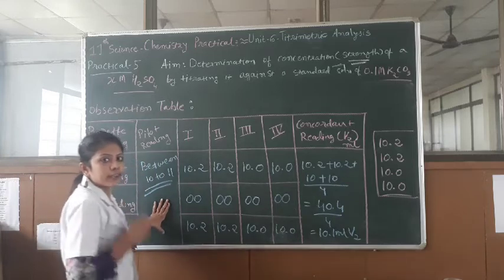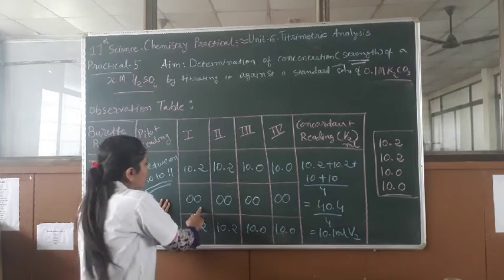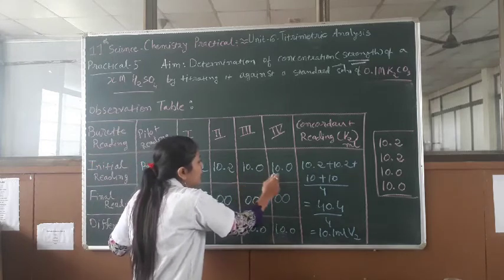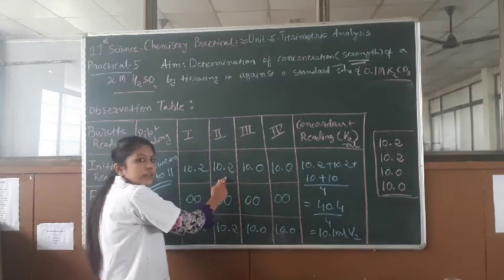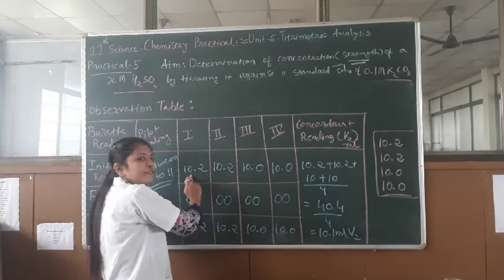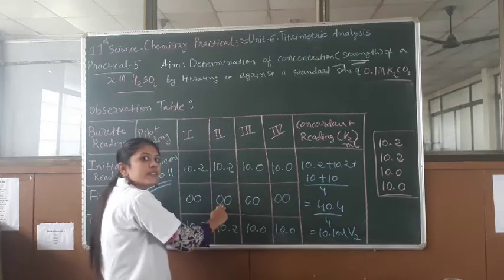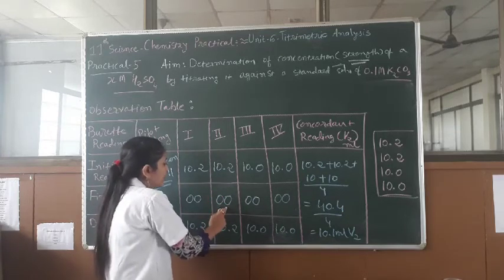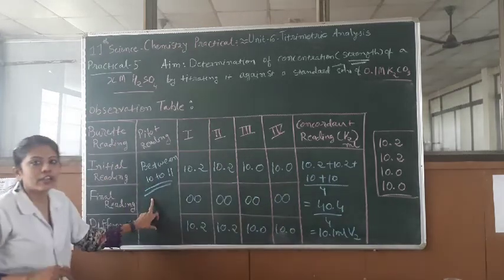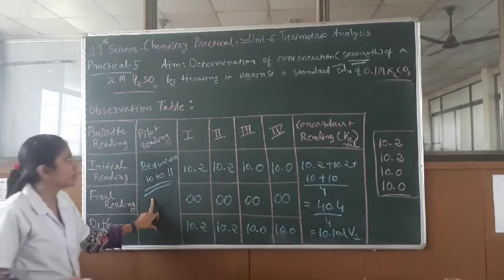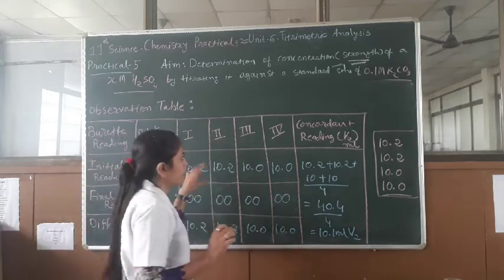But if we didn't set 0 for the second, third and fourth readings, after the first reading, then we write the previous reading here. As in our practical numbers 1, 2, 3, this is practical 5. Let's continue from 1, 2, 3, 4.